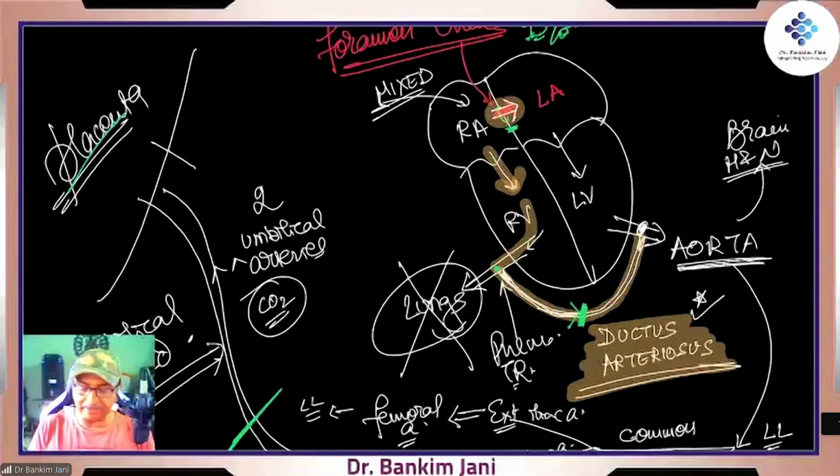This we'll see when there is any abnormality. Otherwise, the blood which goes from the right atrium to the left atrium goes into the left ventricle, and a small amount of blood which has escaped and entered the lungs, which are totally filled with water, will be pushed back via this route.